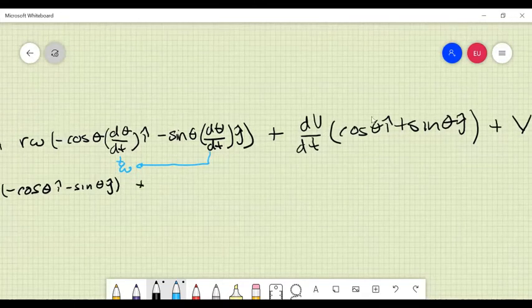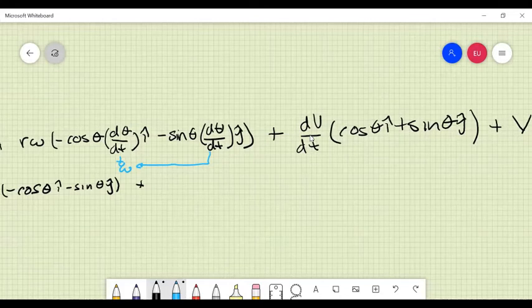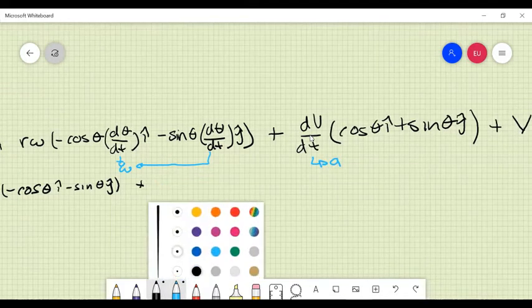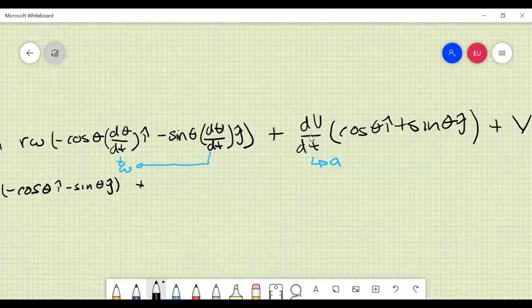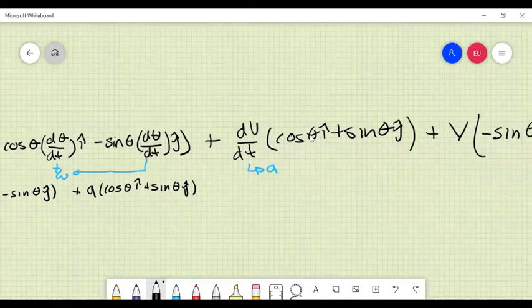Okay. What do I get in this part? What is that? Linear acceleration. So I'll get linear acceleration, same orientation. What do I get from the last bit?